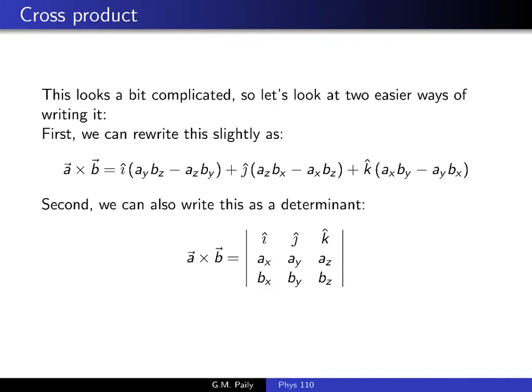And in the final row, you write the components of the last vector, bx, by, bz. Evaluating this determinant gives the same expression. If you do not know how to do a determinant, ask me, and I will show you a couple of different ways.